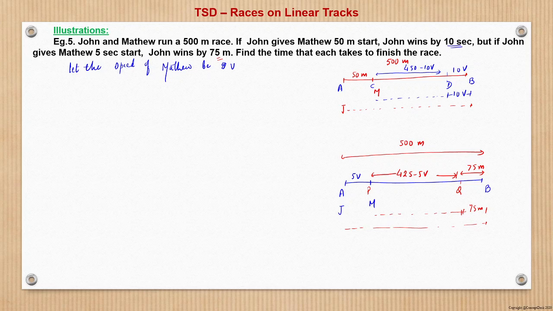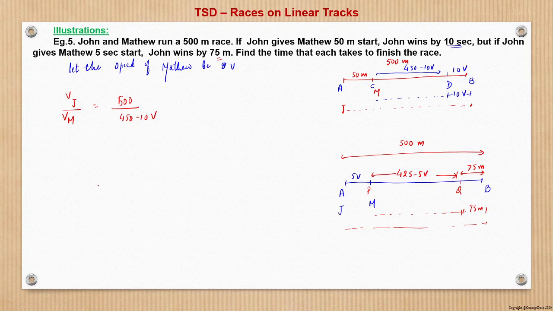So now we have found the different portions. Now from the first case, can we say what is the ratio of speed of the two runners? That is velocity of John to velocity of Matthew. In the same time, Matthew runs from C to D, and in the same time, John runs from A to B. John covers 500 meters, upon Matthew covering only CD, which is 450 minus 10v.